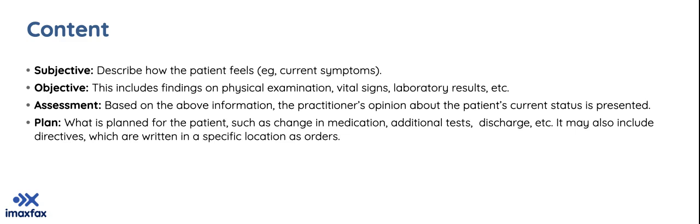The objective: after the physical examination, the vital signs, the signs, the laboratory investigation. Then the assessment of the status, and what's your plan. For example, if you have a patient with severe pain, you can make a plan for pain management, including the PCA and some additive regimen to decrease the patient's pain.